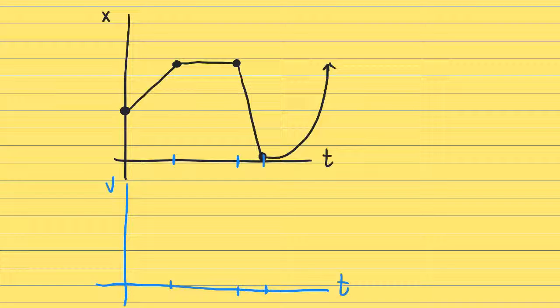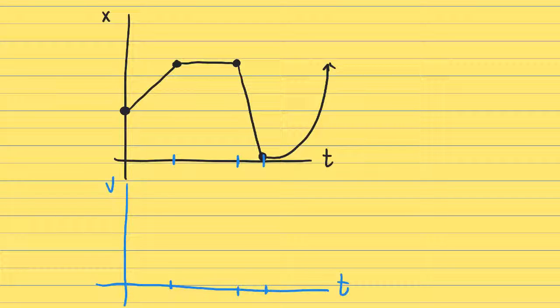So for the first part right here, what can you tell me about the velocity? Based on the position graph, what can you tell me about the velocity? The velocity is constant. That's one thing you can tell me. Give me a second thing you can tell me. The velocity is positive. And that's really all we know. Again, how do I know velocity? Velocity is the slope of this.